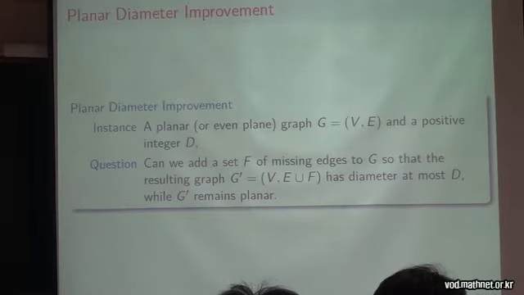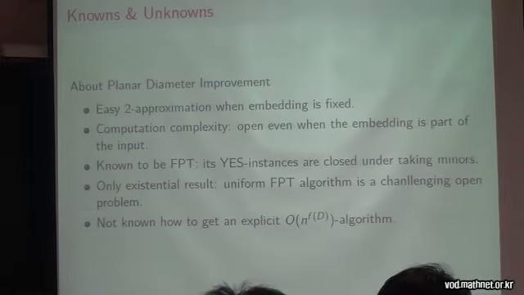Because you want the resulting graph G prime to still be planar, you cannot add arbitrarily many edges. If you didn't have the condition that G prime should be planar, then you could again add all missing edges and make the diameter at most 1. This is impossible because we have this topology constraint.